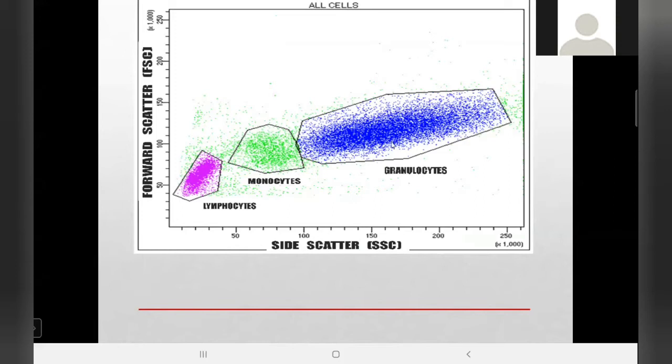Now, when I look at this lymphocytic population, do I know whether these cells are T cells or B cells? No. Do I know whether they are normal or abnormal? No idea. The physical property of the cell will just tell us whether it lies in the lymphoid, monocytic, or granulocytic region, but nothing more.